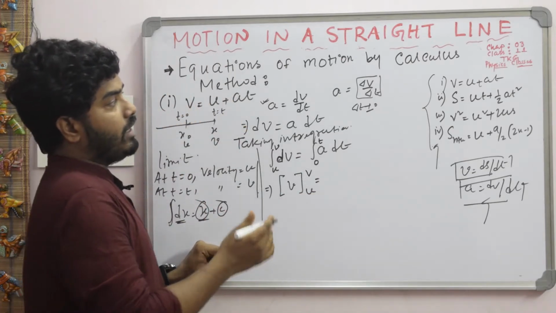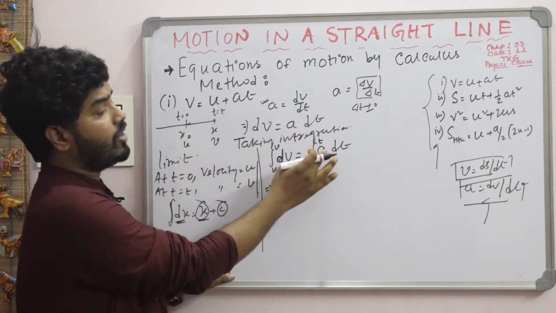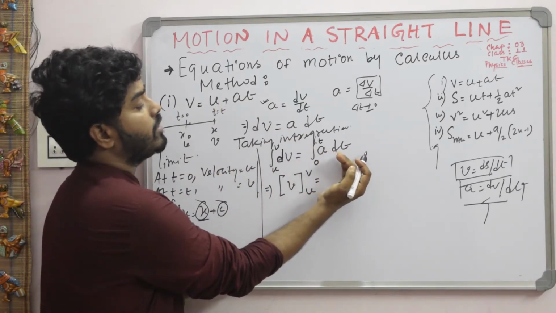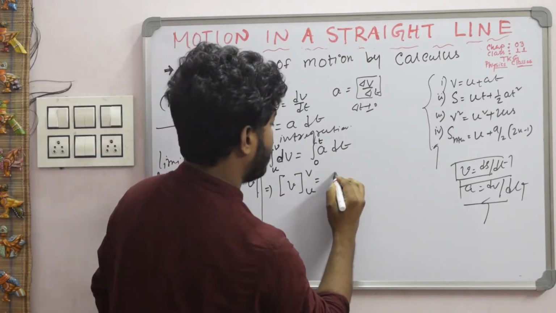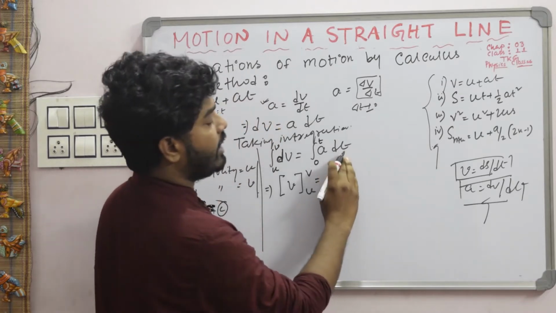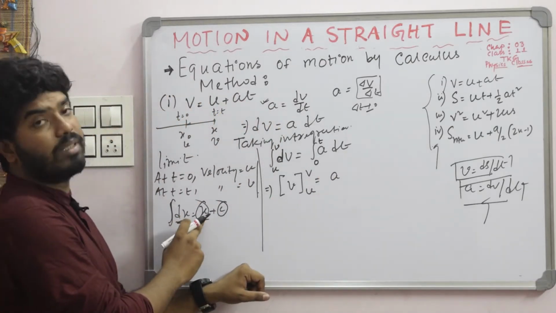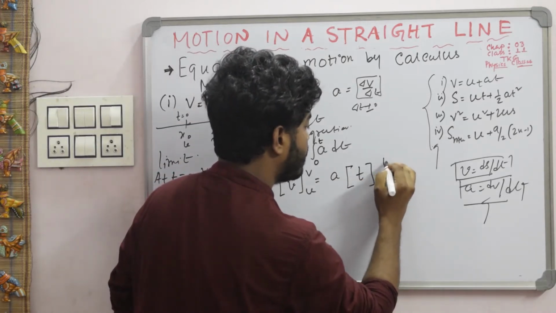Check one thing: this equation is valid when there is a uniform acceleration, that means acceleration is constant, so the constant term a comes outside of the integration. Now integration dt, by the same method, gives t, with lower and upper limits.